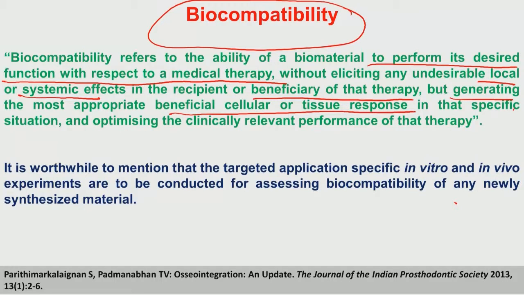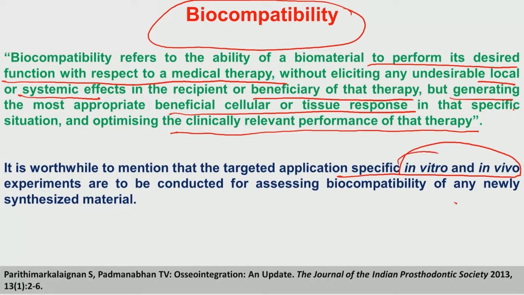The endpoint objective is that the biocompatibility property should enable clinically relevant performance of that targeted therapy. So, this is targeted and application specific, and it should involve both in vitro as well as in vivo experiments.